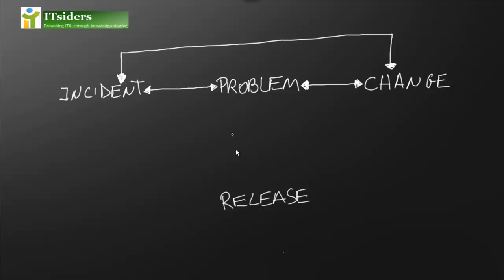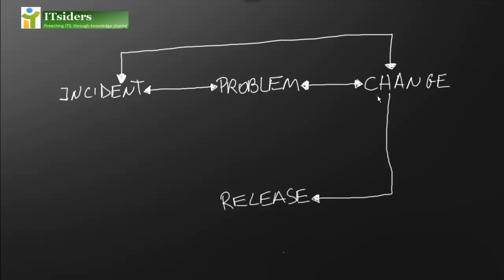What about release? Well, let's go through the logic then. So a change will open a release. Many of you have listened to this before. A change will open a release. What is a release? A release just exists with a change behind it. Okay?